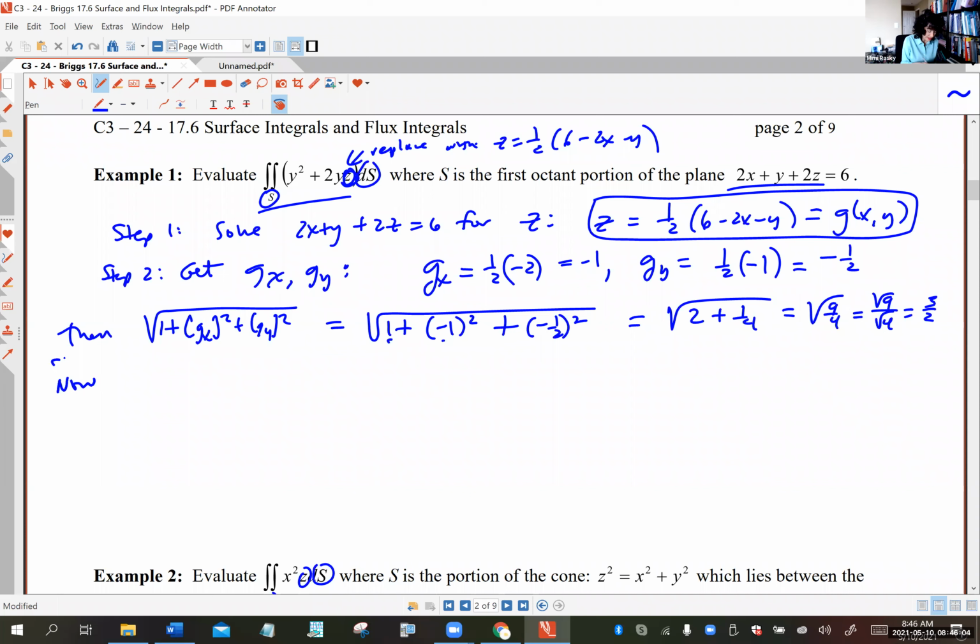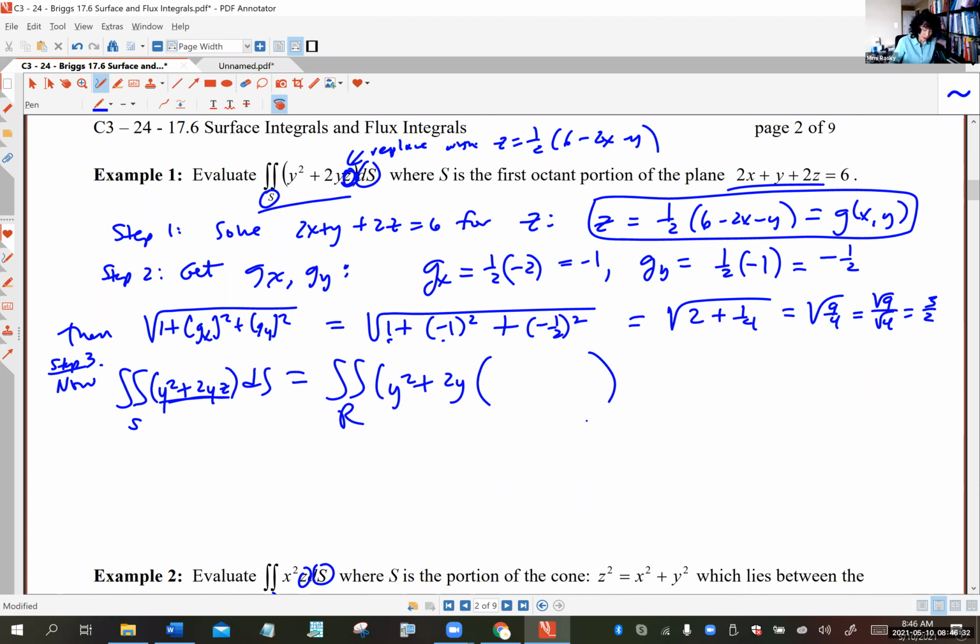Now, and this is step 3, this surface integral, which basically represents the mass of the surface in question here, the plane, where the integrand is some density function, is going to turn into a regular double integral over R. You'll have the y squared plus 2y, but in place of the z there, remember, we're going to put the surface, the 1/2 (6 minus 2x minus y).